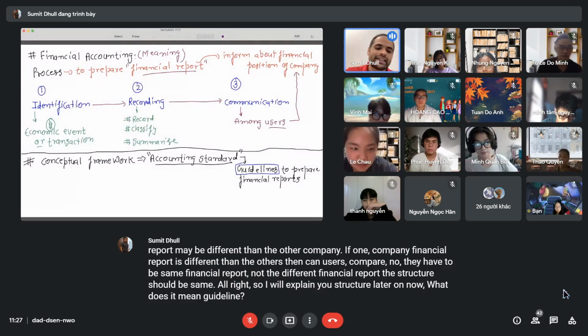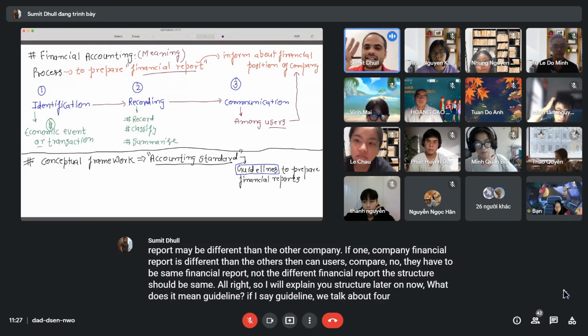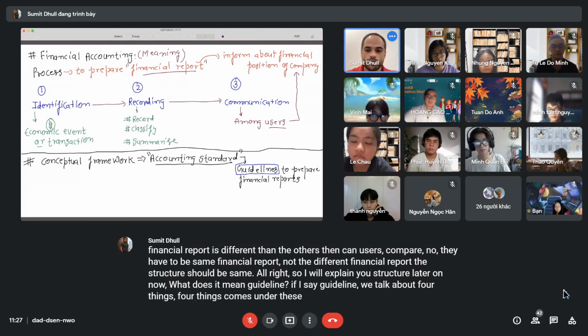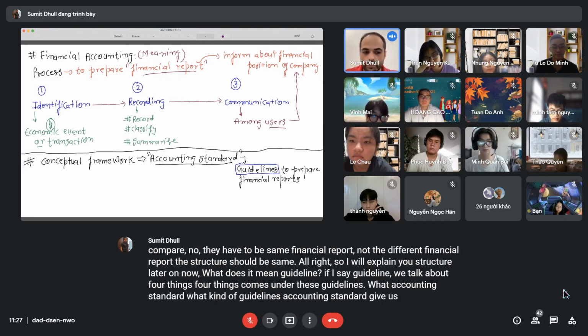If I say guideline, we talk about four things. Four things come under these guidelines. What kind of guidelines does accounting standard give us related to financial report?